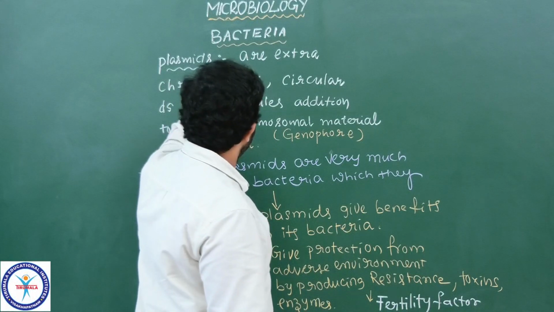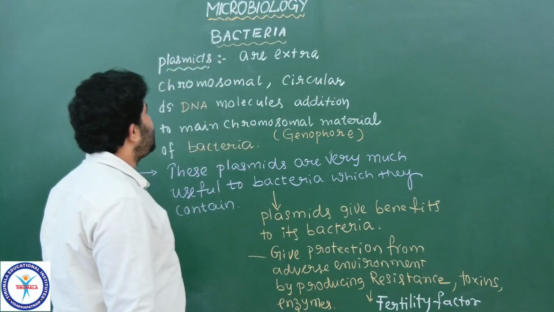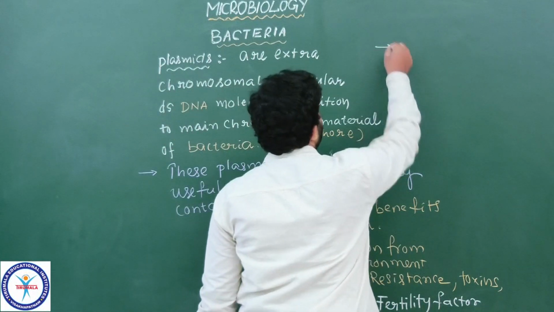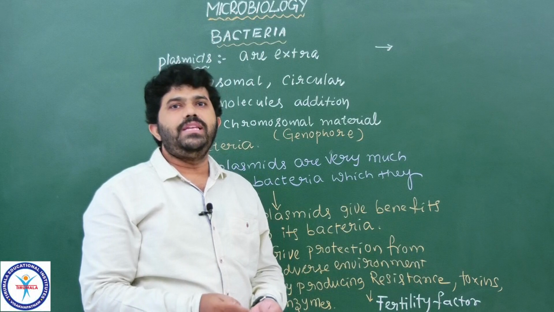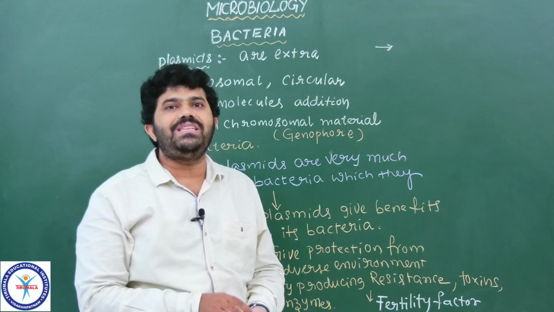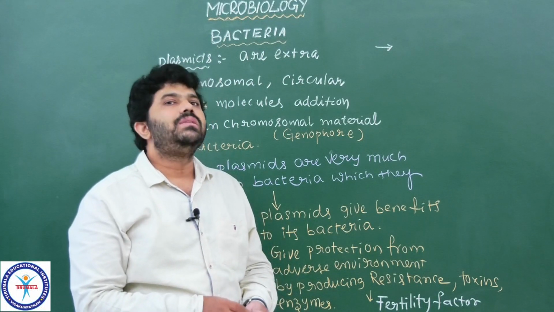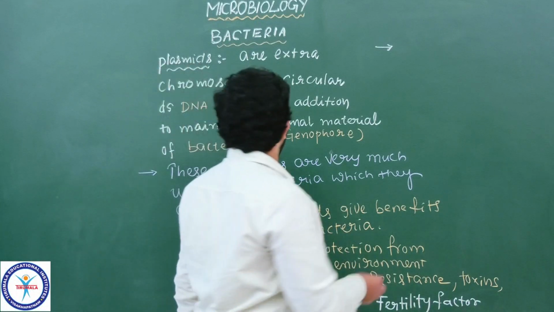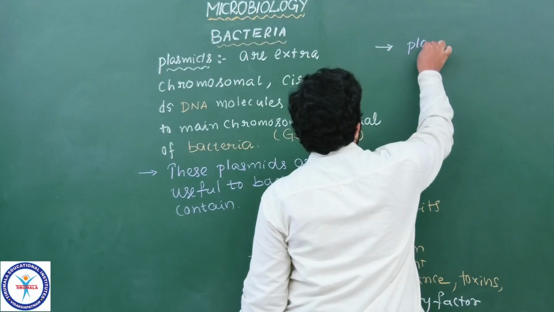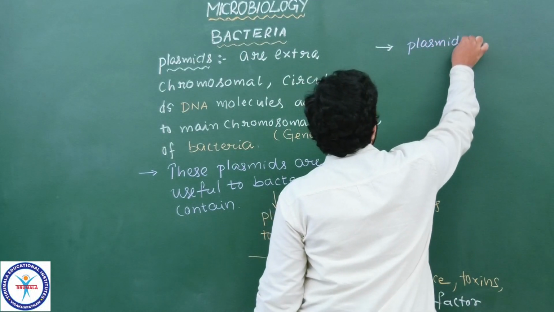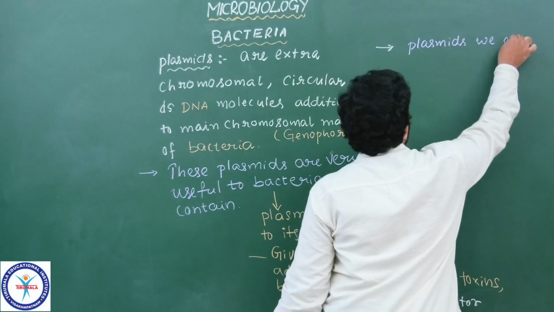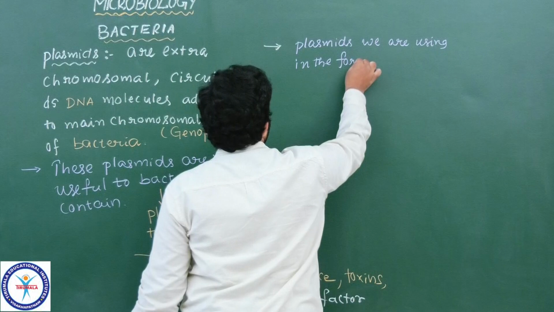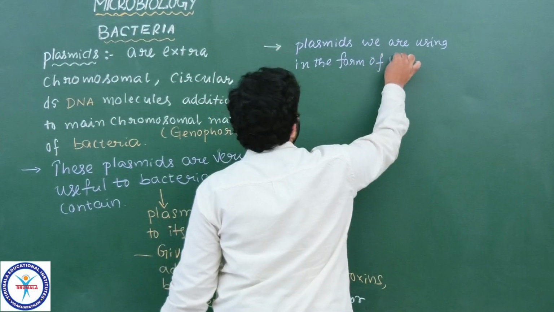Now got the point? So all these are the advantages given by plasmids, and these plasmids are also very important for carrying genetic material from one cell to another cell. Now got the point? These are the particular plasmids we are using in the form of vectors.